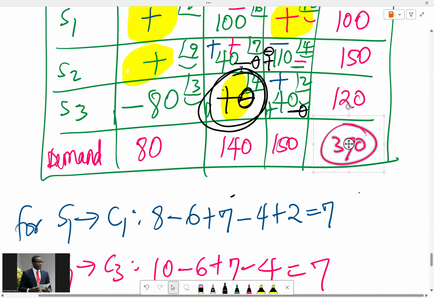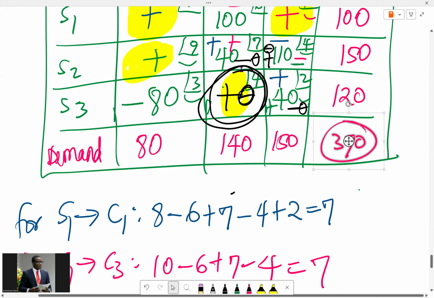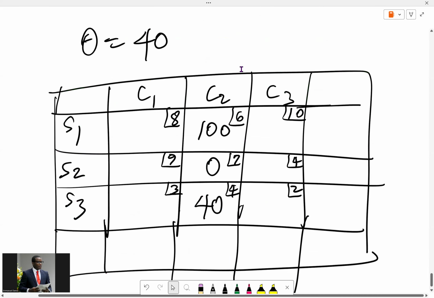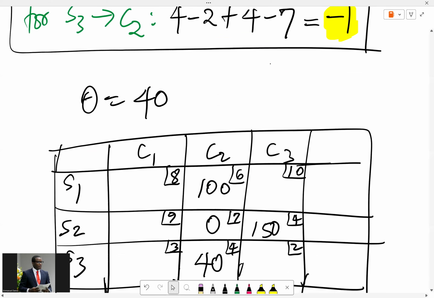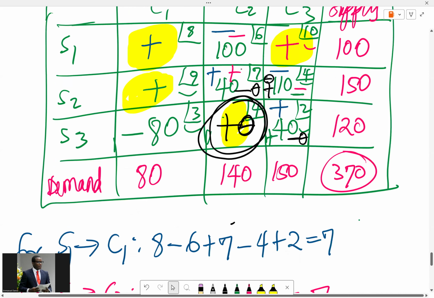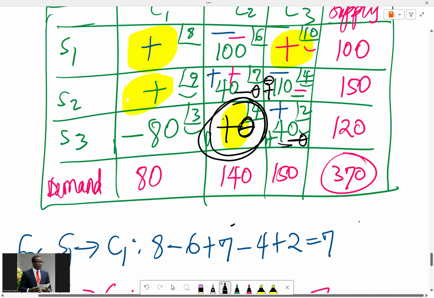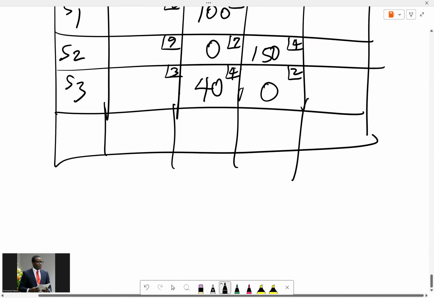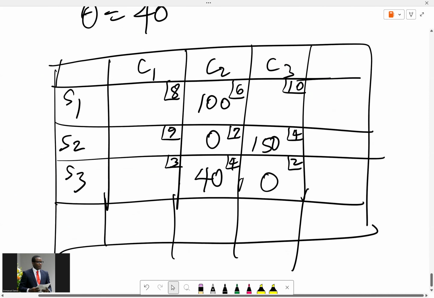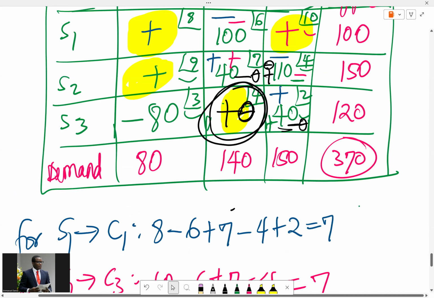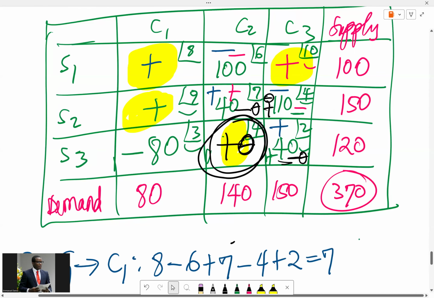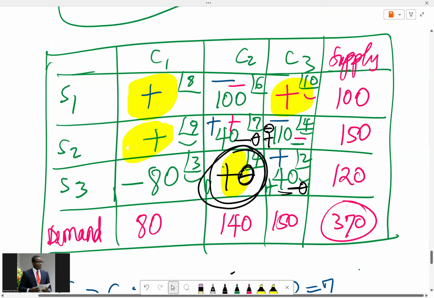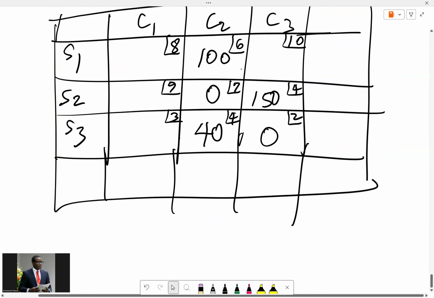So beside that 0, we have 150. We have that shift taking place. To the right, nothing has changed. This 80 remains here.